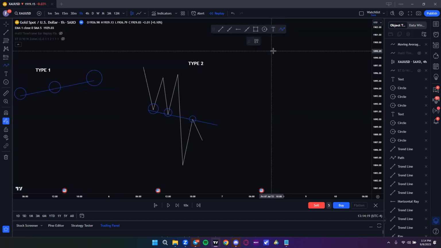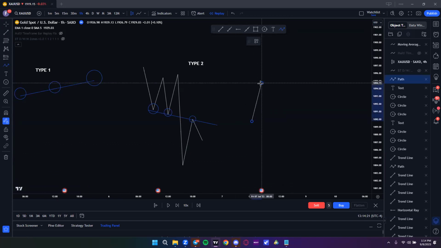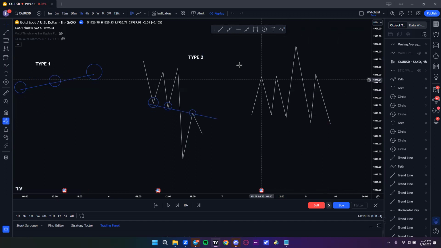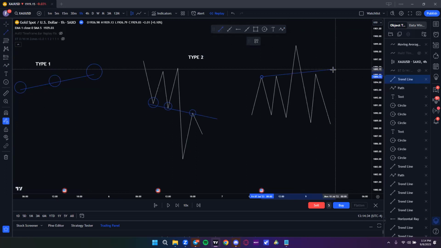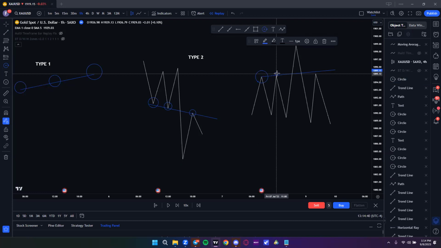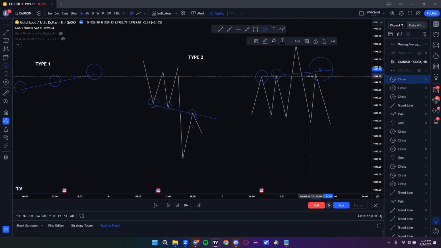So it's going to be something like this. This is our trend line. 1, 2, 3.